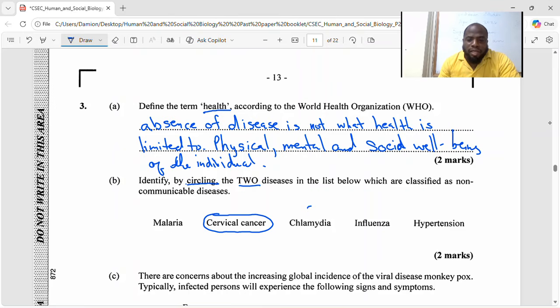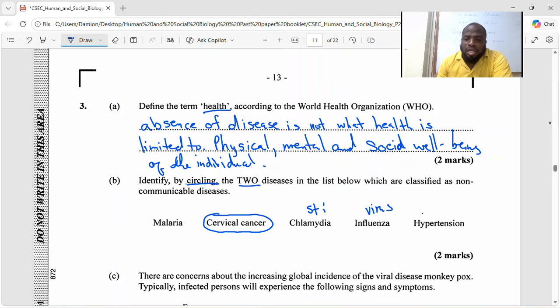This right here is the STI, sexually transmitted infection, caused by a bacterium. And so indeed, if you have unprotected sex, this can be transferred from one individual to the next. Influenza, which includes the common cold, that's a virus, and that is actually able to be transmitted from one individual to the next.